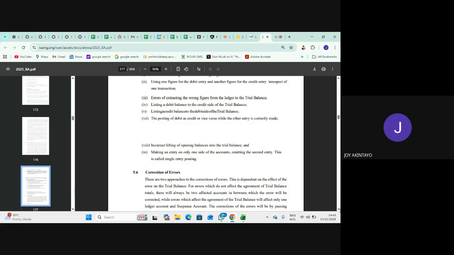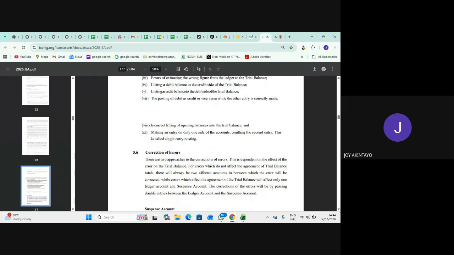Are we together? Go to the affected account and apply your double entry principle. But for the errors that affect trial balance, what you need to do is go to the affected account and then you raise your suspense account.